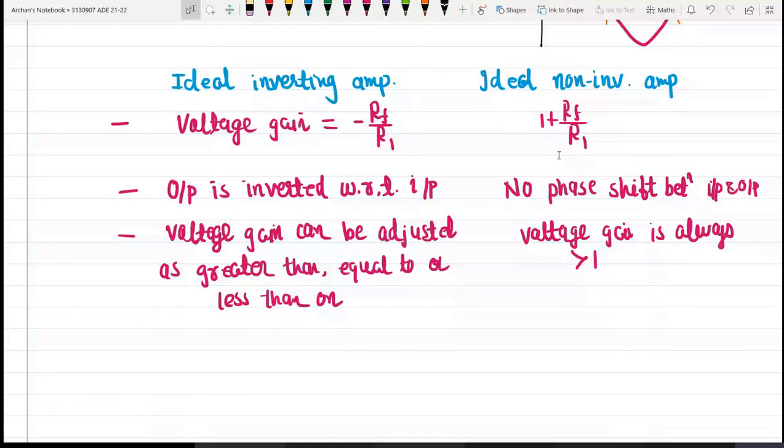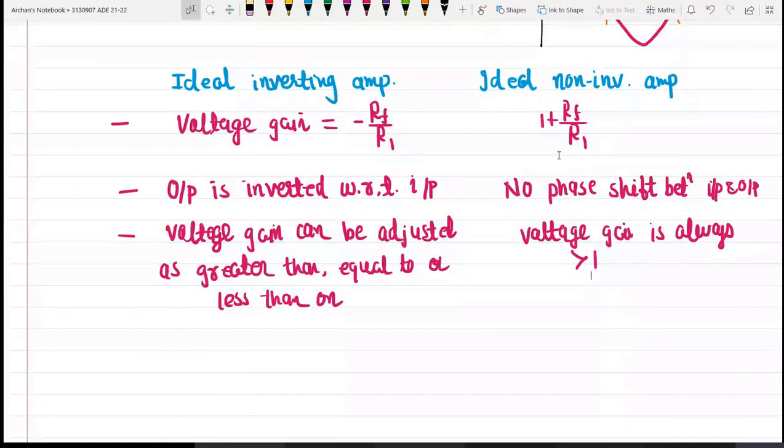Then voltage gain is independent of open loop gain of op amp but depends only on the two resistance values. So the desired voltage gain can be obtained by selecting proper values of feedback resistance RF and R1.